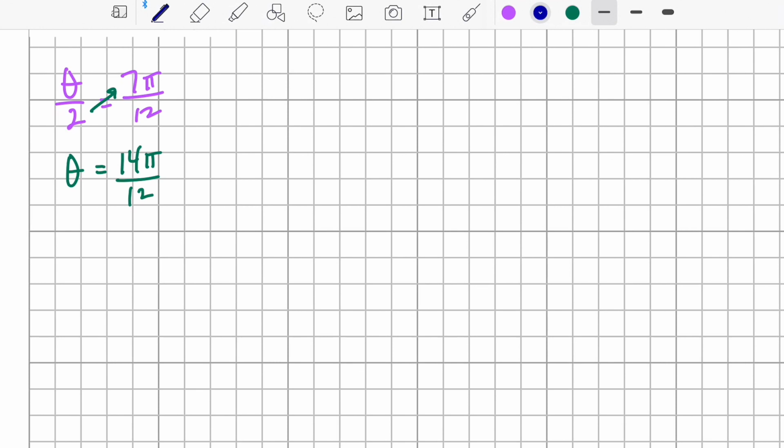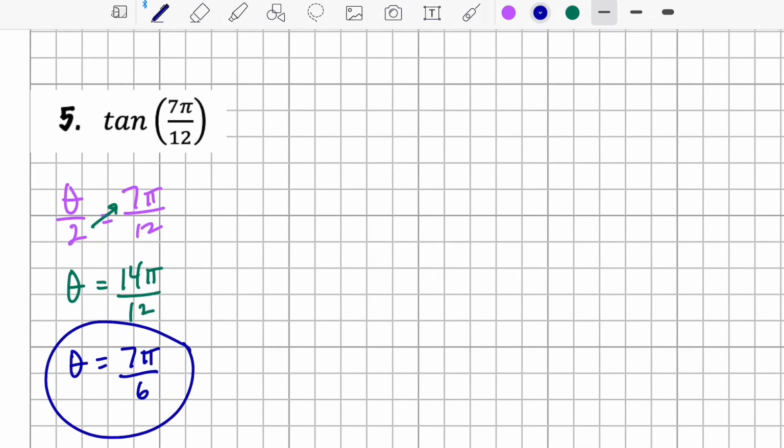And if I reduce that, we get theta equals 7 pi over 6. So that's going to be our angle that we're going to use. Now, that means that I can rewrite it as tangent of 7 pi over 6 divided by 2. That gives us our 7 pi over 12. Keep in mind, this is our theta.